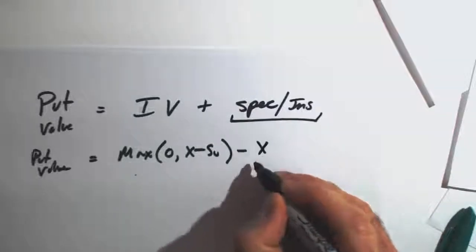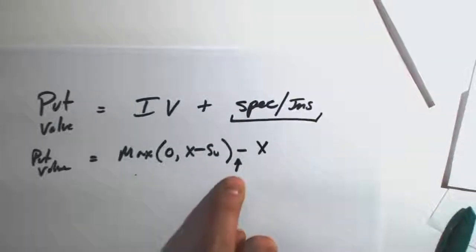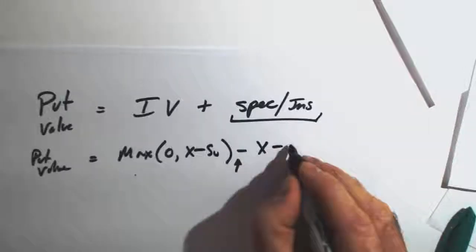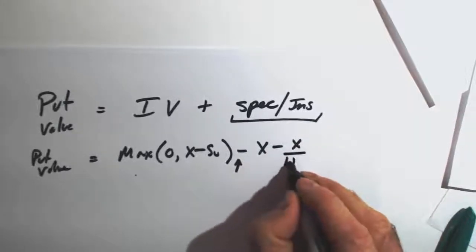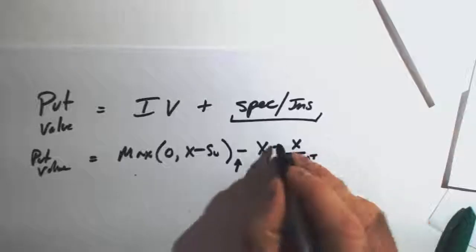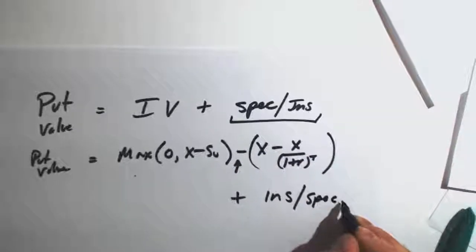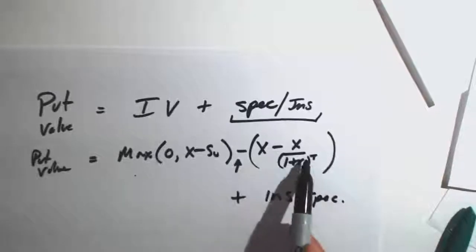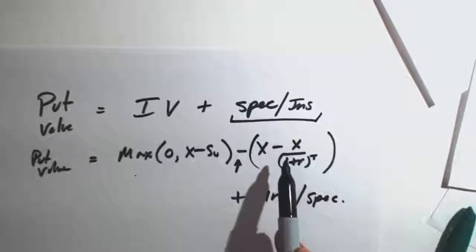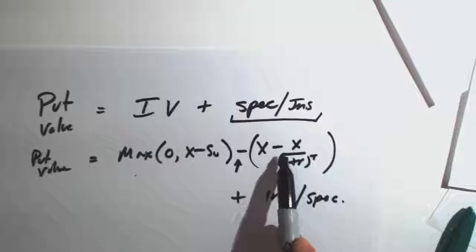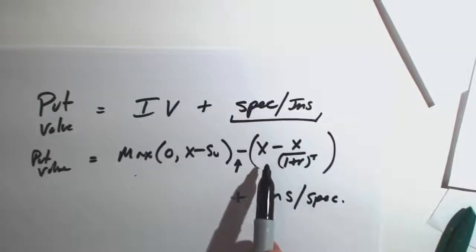And we have pure time value. Now notice, before I go any further, I put a negative sign here because this pure time value component hurts puts. It hurts puts by the same amount that we saw with call options, the pure time value.